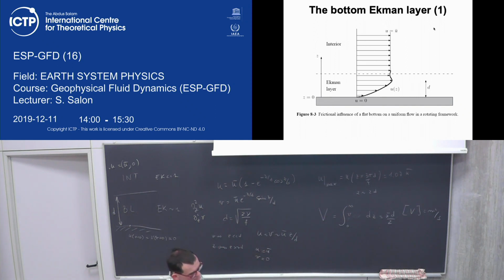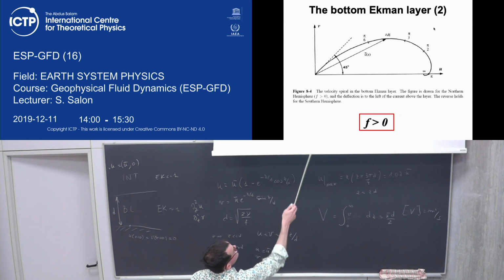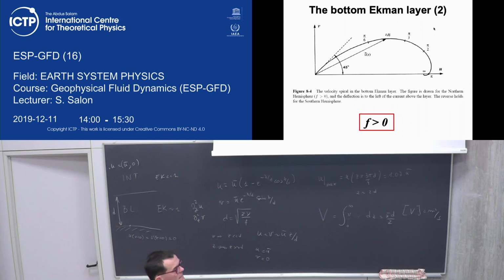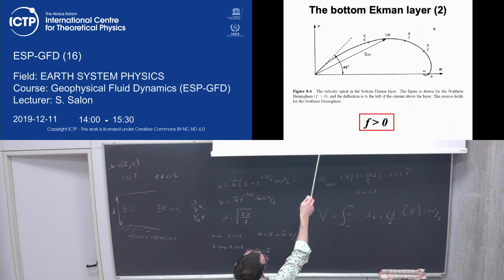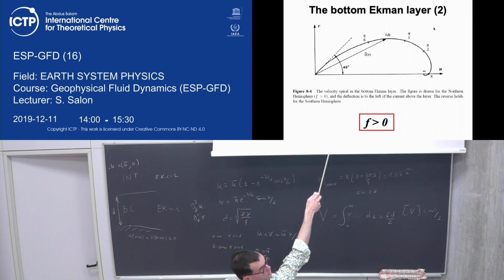So one of the most important things that we can learn from the bottom Ekman layer is that even if this deviation that, as you have seen in the northern hemisphere, is on the left with respect to the geostrophic motion. So we have the geostrophic motion in the interior, which is here. Okay, so every single point here is a value of z over d. Okay, so it's dimensionless.